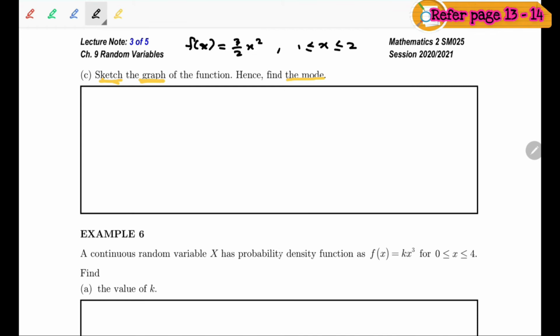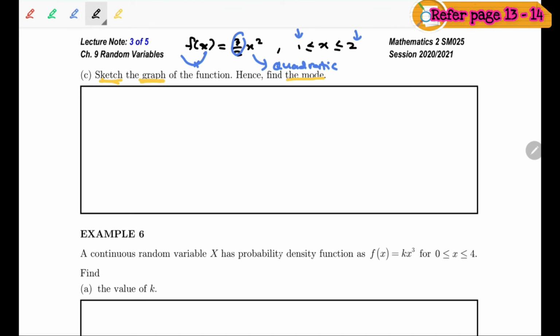Just observe the given function. Since this is a quadratic, it should have a curve, either upward or downward. Since this is the positive coefficient, it should be the upward curve, with the restricted domain from 1 until 2.